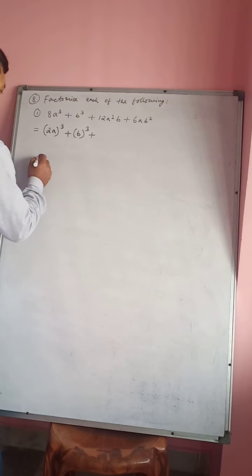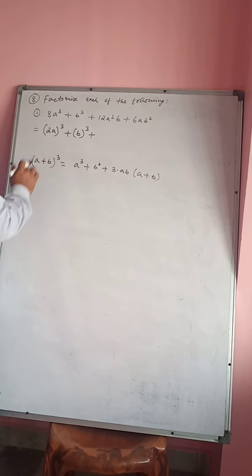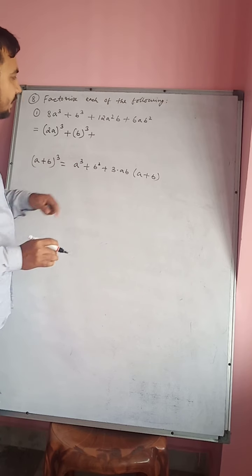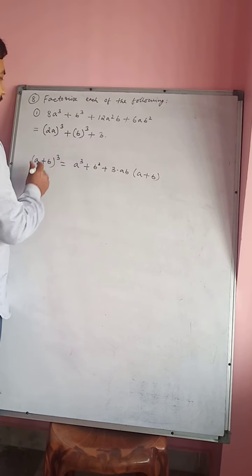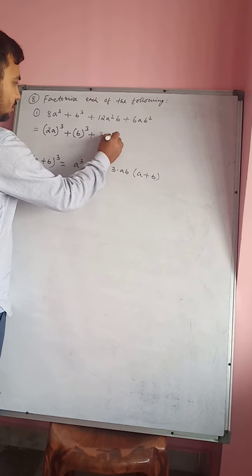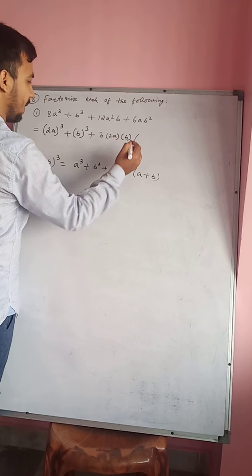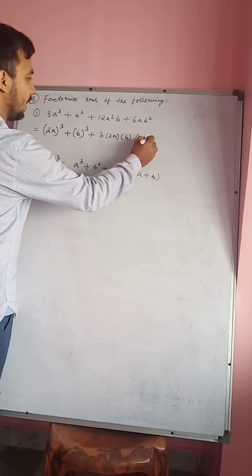Our identity was this one, a plus b whole. So we got a cube and b cube. Now we will write 3ab. 3ab means 3 into a means 2a, b means it will be b, and in bracket a plus b means what? 2a plus b.